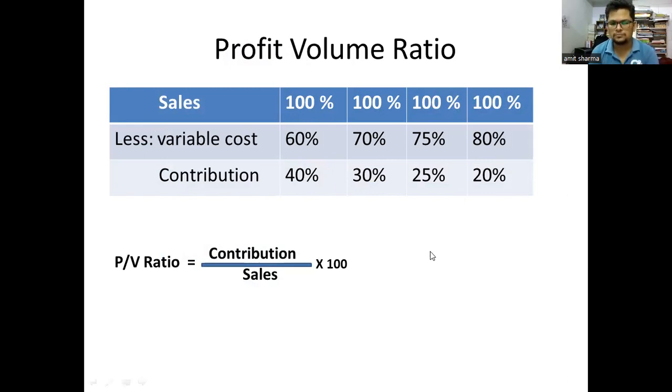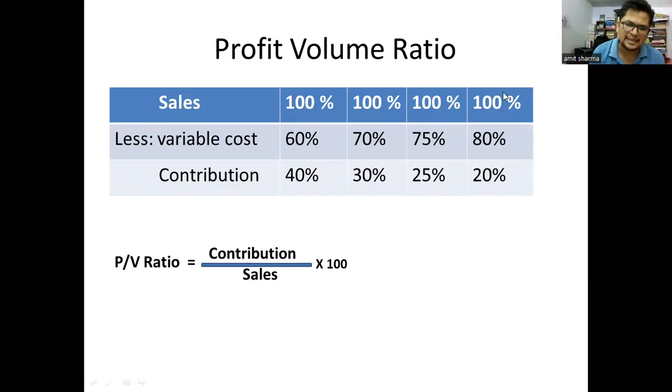Okay, so what is PV, profit volume ratio? Profit volume ratio is the ratio between contribution and sales. So the percentage of contribution is known as a PV ratio, and the PV ratio in the amount is known as a contribution.